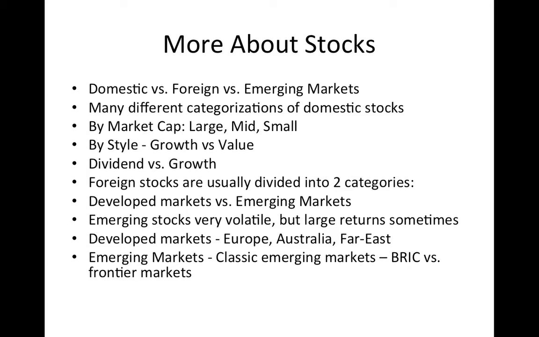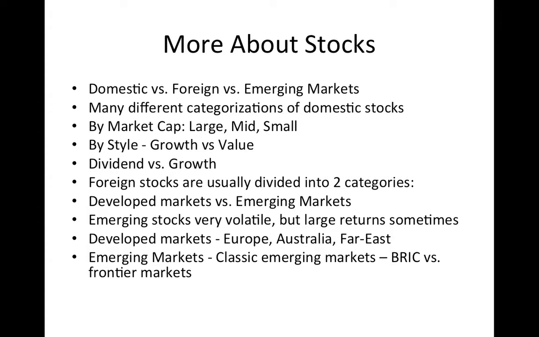Otherwise, it doesn't make sense. Why would you take more risk if you know on average it pays less than the thing that has less risk, right? Developed markets examples are Europe, Australia, and so forth. Emerging markets, classic emerging markets, are BRIC, versus frontier markets.